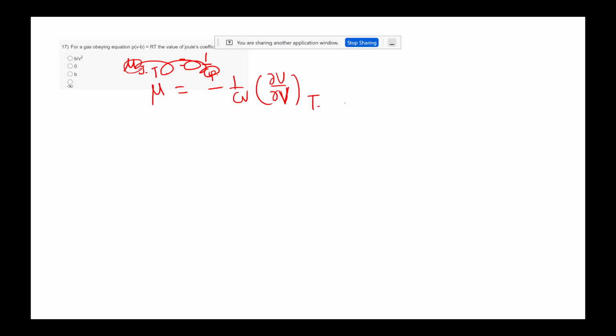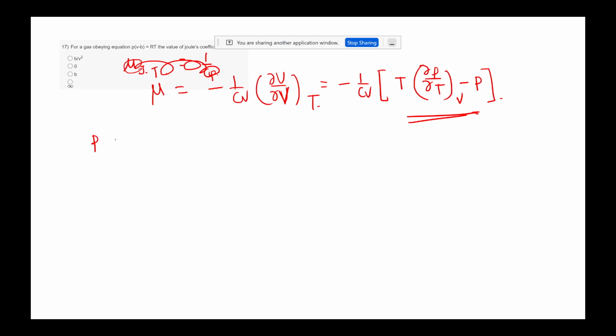Now for del U del V at constant T, this can be written as minus 1 by Cv, this is T dP dT at V minus P. If you follow my previous lectures, I have written this formula.